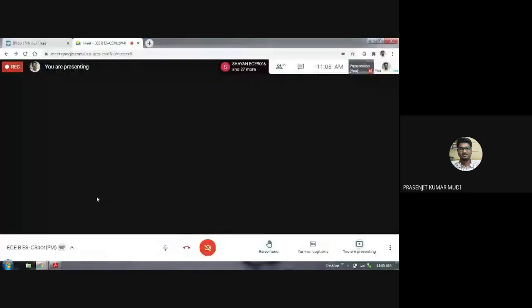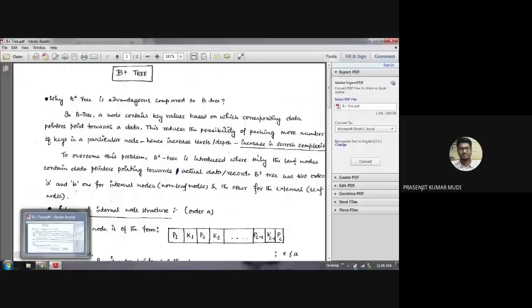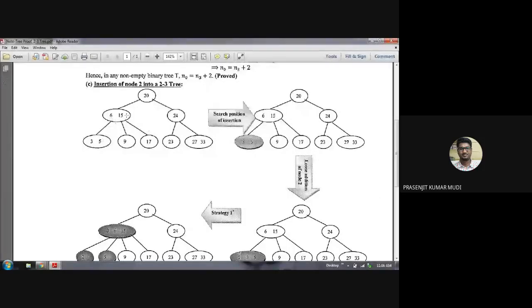Okay, so now we are in a position to go towards B plus tree. Now why is B plus tree important? In a B tree there are key values. These two values, 6 and 15, are actually called key values.